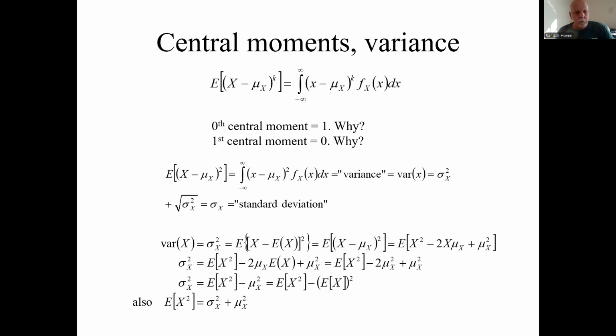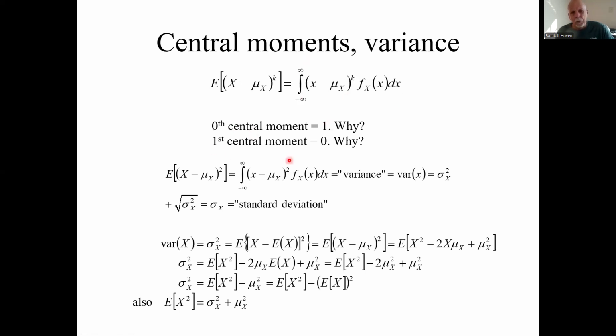Central moments. There, it's kind of like the moments, but we subtract off the mean. That will kind of center it. And it just means this. Again, the 0th central moment, this would all be 1, and you're just integrating the PDF, which would be 1.